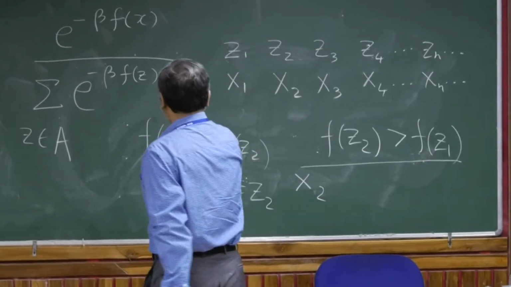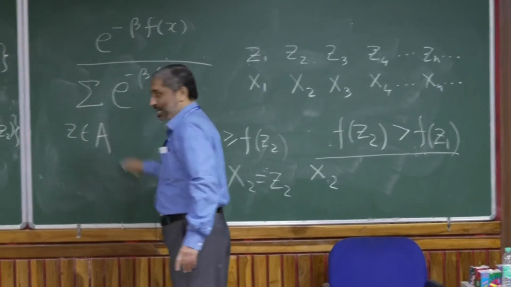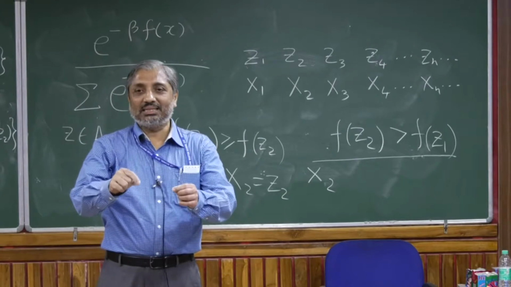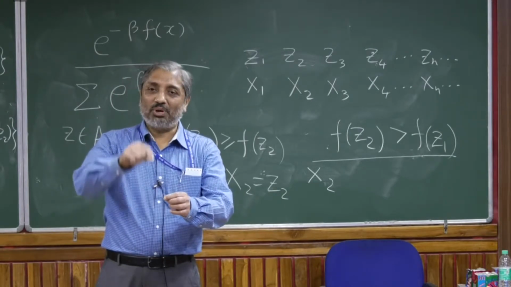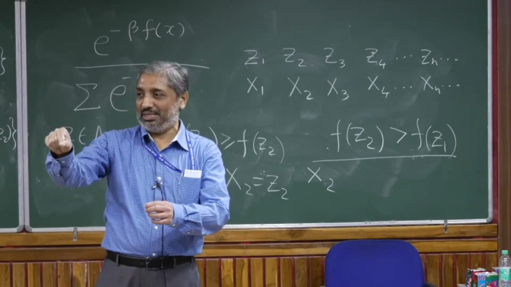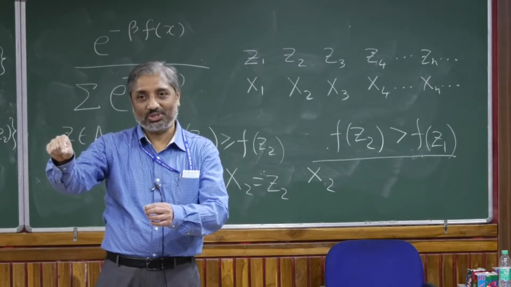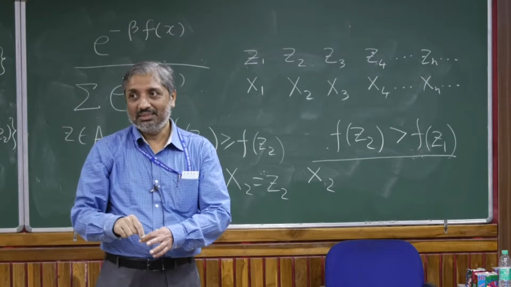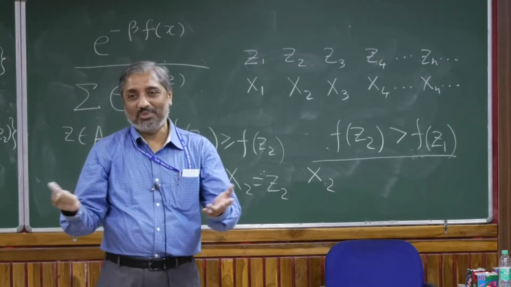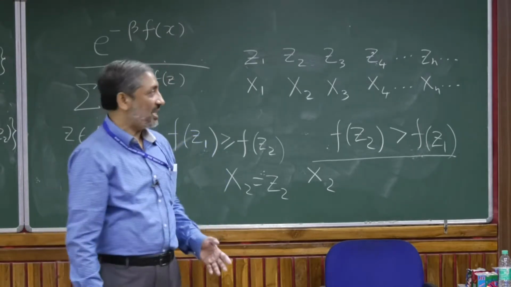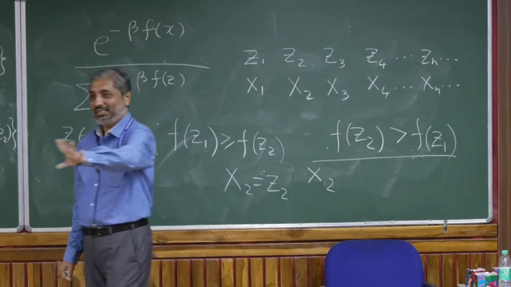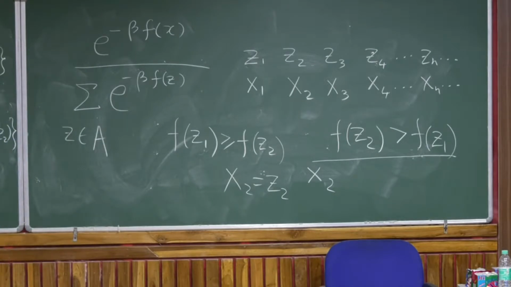And if I follow the steps that I am describing here, it is clear that I can move from any point to another point with positive probability. That's also clear. So it's an irreducible chain. And also you can show that it will be aperiodic. That's not a problem. Okay? So in fact, the way it has been created, you can show that the transition probability matrix will have all its entries positive.